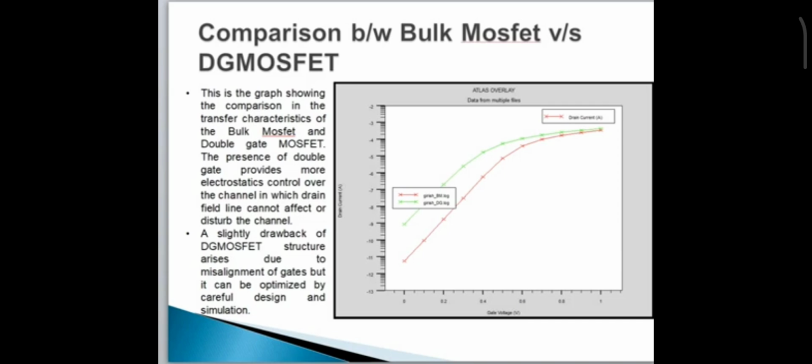The double gate MOSFET is of smaller dimensions as compared to bulk type. In the case of bulk MOSFET, we are using the substrate on the bottom side, but in the case of double gate MOSFET, we are using another gate terminal on the bottom side, so the leakage current is low as compared to bulk MOSFET.